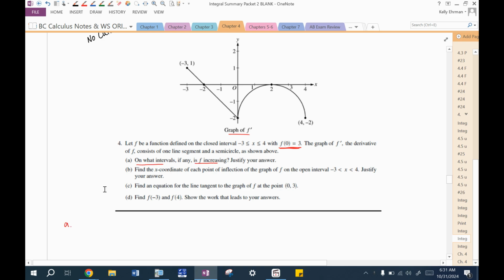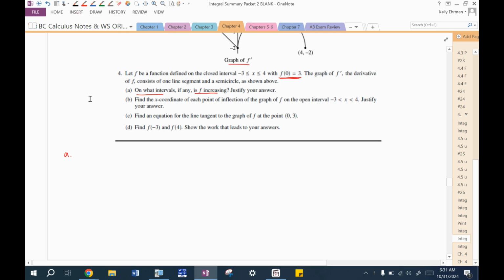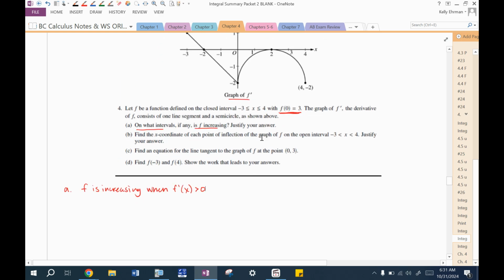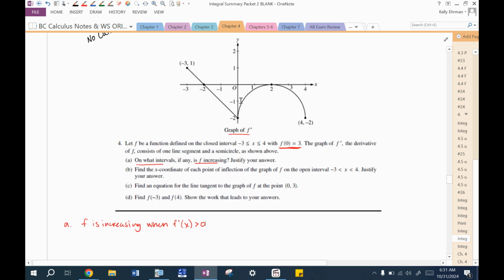Justify your answer. So like I've said on previous pages, I tend to justify first. So f is increasing when f prime of x is greater than 0. And then I'll look for when that's happening. So here's the f prime graph, greater than 0 just on this little section.